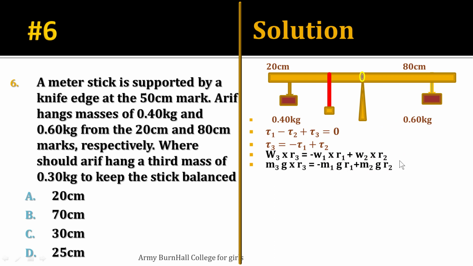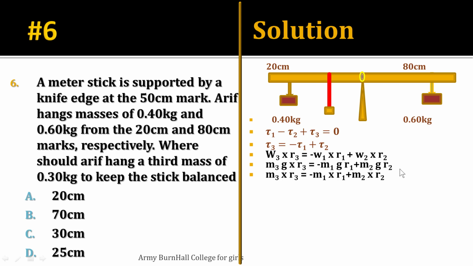W is equal to mg because we are provided with mass, not weight. So we put m3g, m1g and m2g in place of W3, W1 and W2. Here g is common on both sides, so it cancels, and we are left with m3 r3 is equal to minus m1 r1 plus m2 r2.